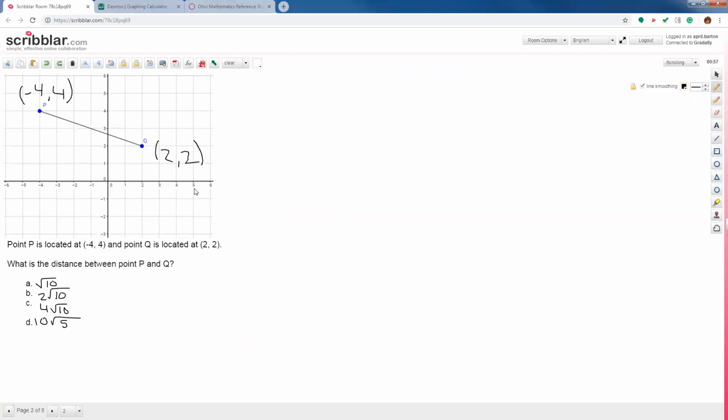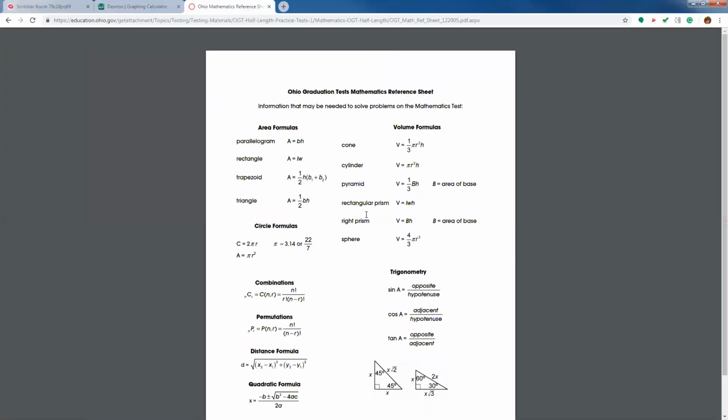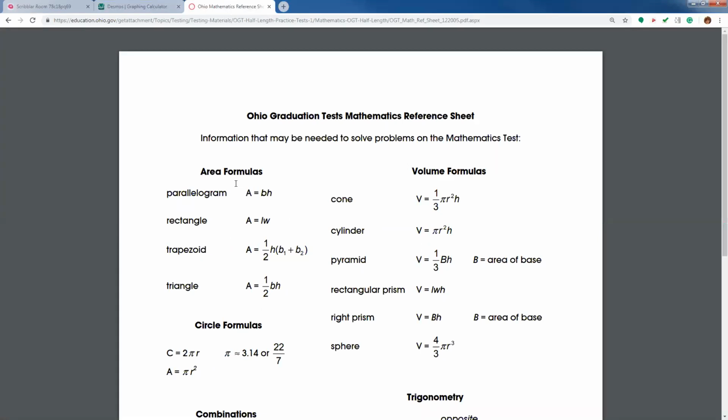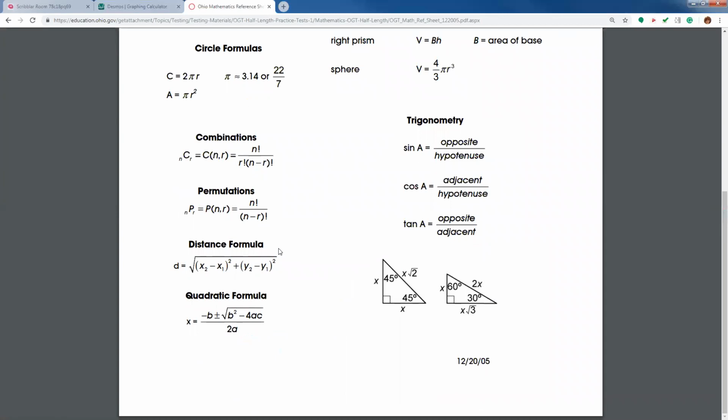So distance requires a specific formula, and thankfully it is not one you have to have memorized. Even though it's going to be a computer test now, you still have access to this reference sheet. You can pull it up at any time during the test. And one of the formulas on it is the distance formula.